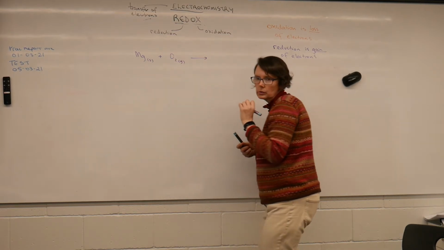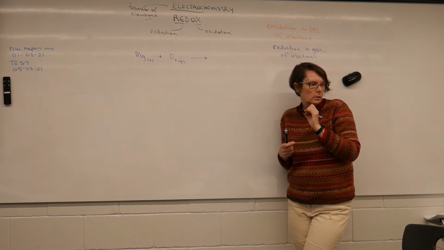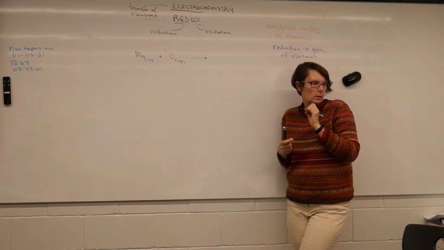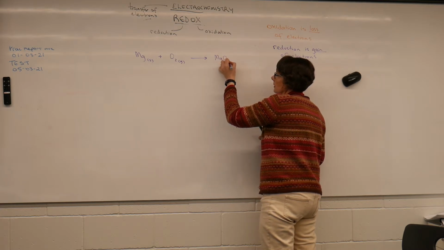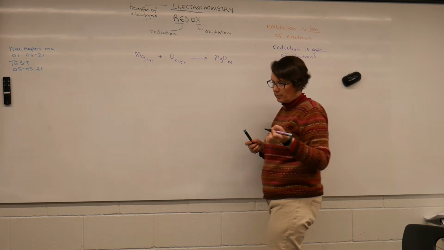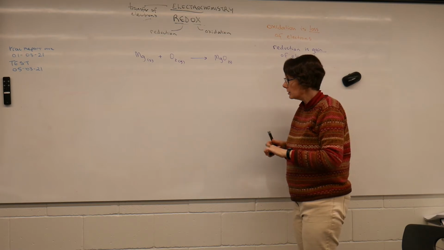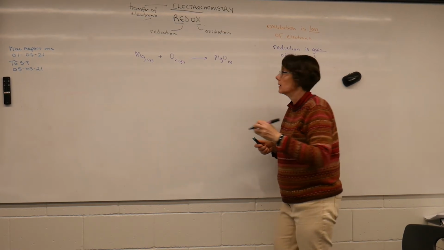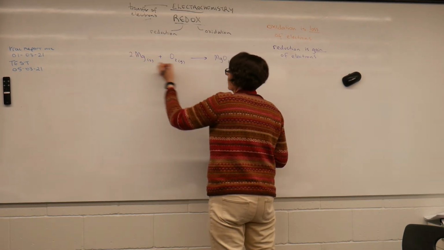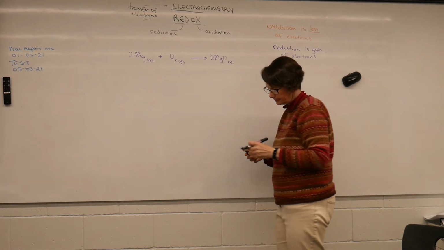What does it produce? Magnesium oxide. My equation's not balanced. What do I need to do? 2 magnesium metals and 2 magnesium oxides. Okay.